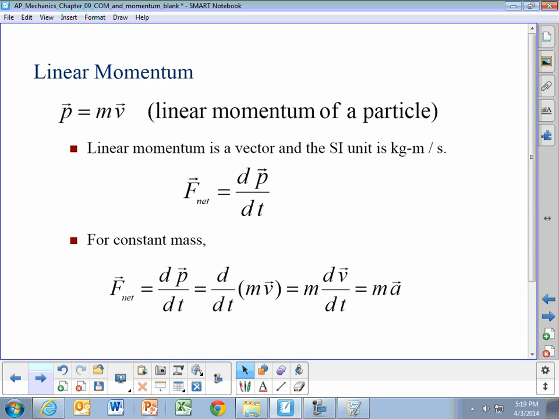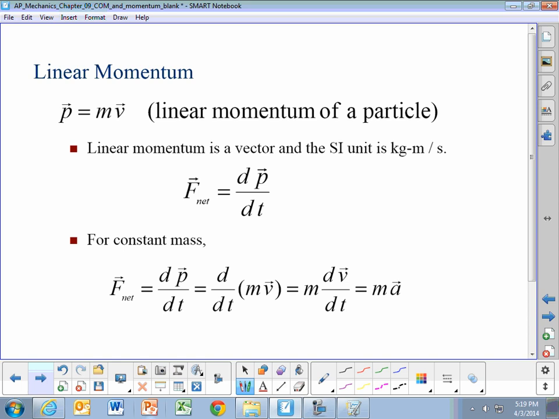And since momentum is mass times velocity, net force actually is more accurately defined in terms of the rate of change of momentum as opposed to just mass times acceleration. The net force on an object is the rate of change of the momentum of the object.